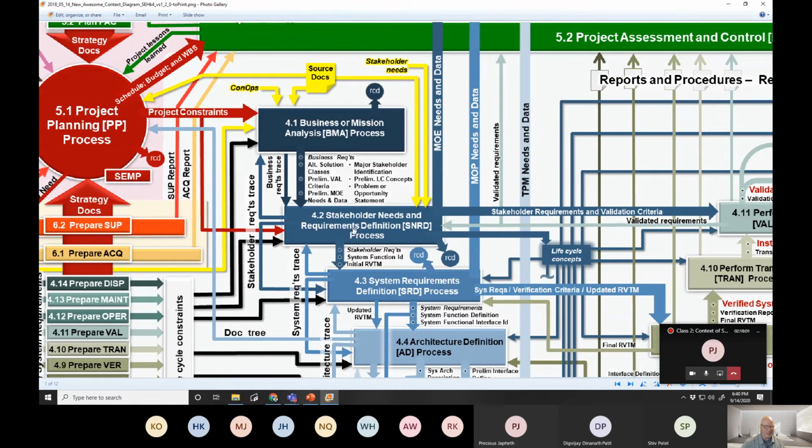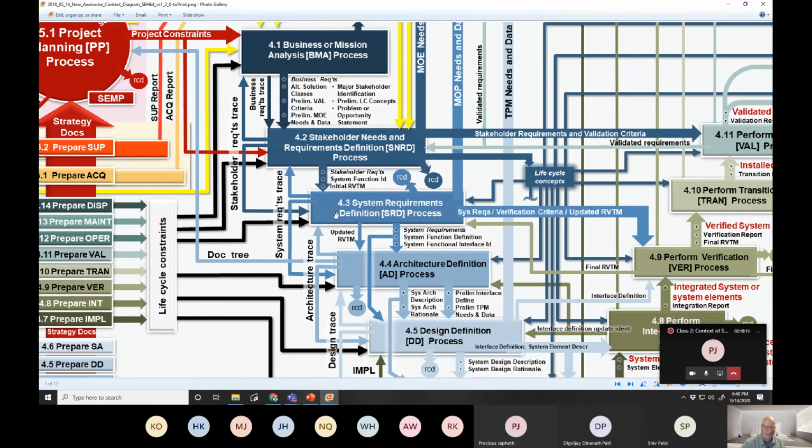So up here, your stakeholder needs actually gave you your measures of effectiveness, or your mission understanding measurements. Your MOP looks at the system as a whole, and that comes about when you understand the system as a whole, and that's where the requirements come in as a system.